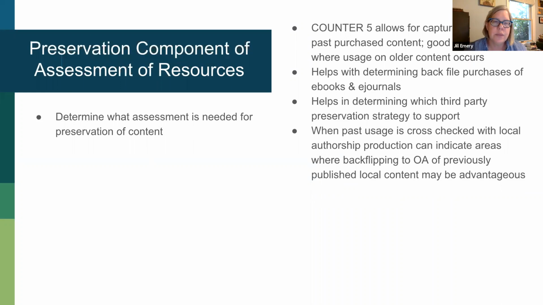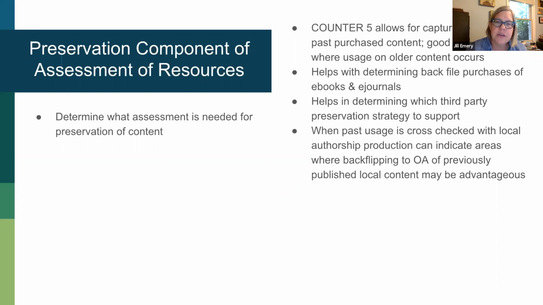In determining the assessment and what's needed, the one attribute of COUNTER 5 that I think is really important, and one of the ways we wanted to make it extensible to people, is to allow you to look at usage of content that was purchased previously or in the past, as opposed to just current usage, and being able to evaluate what usage that content is getting.